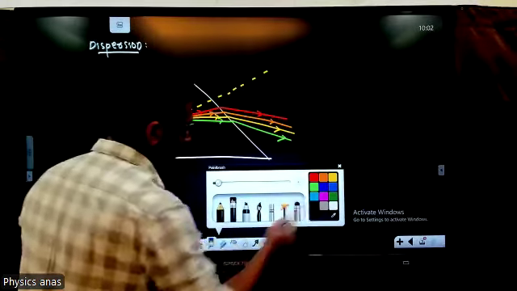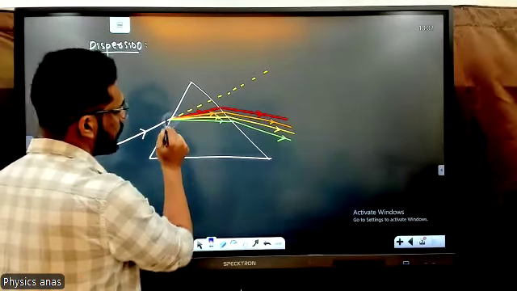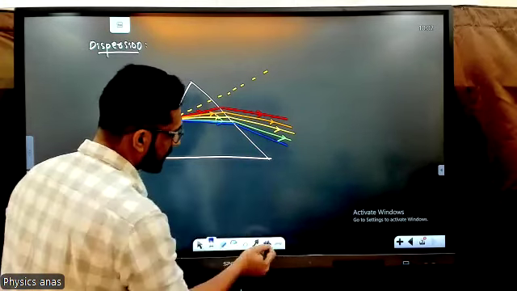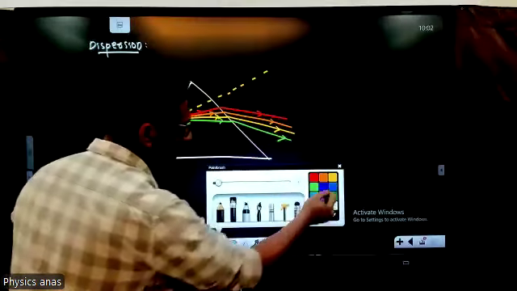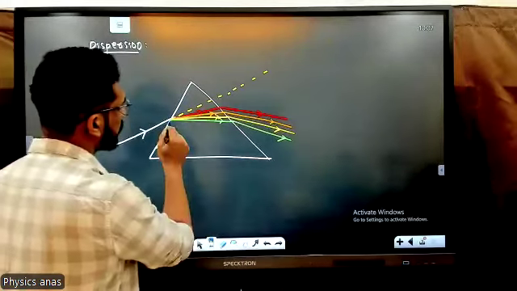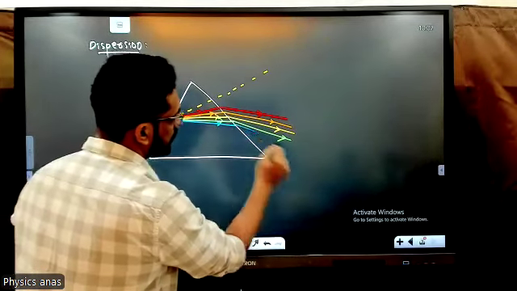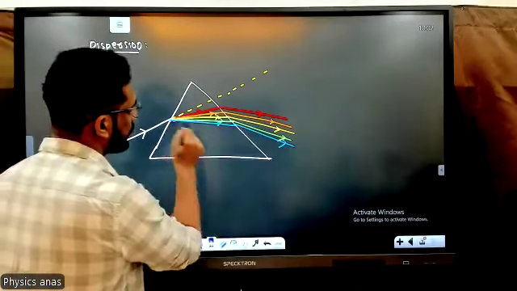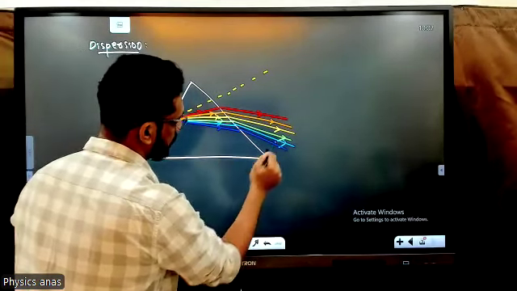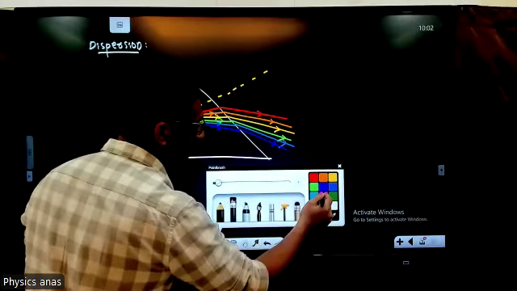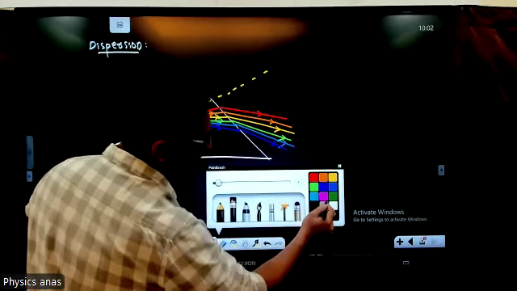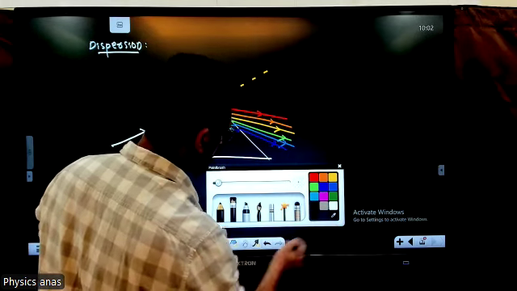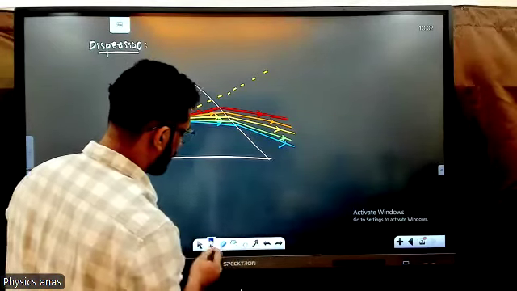Then blue, then indigo, and then there is violet. I cannot see violet, so I will use a substitute here.